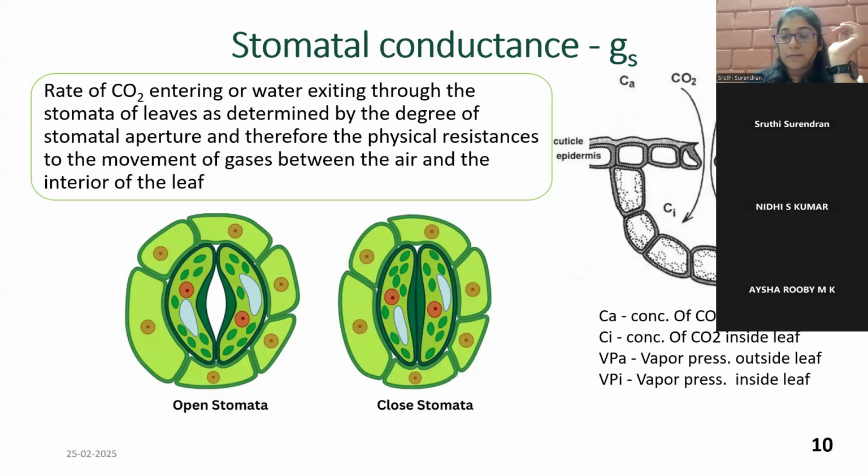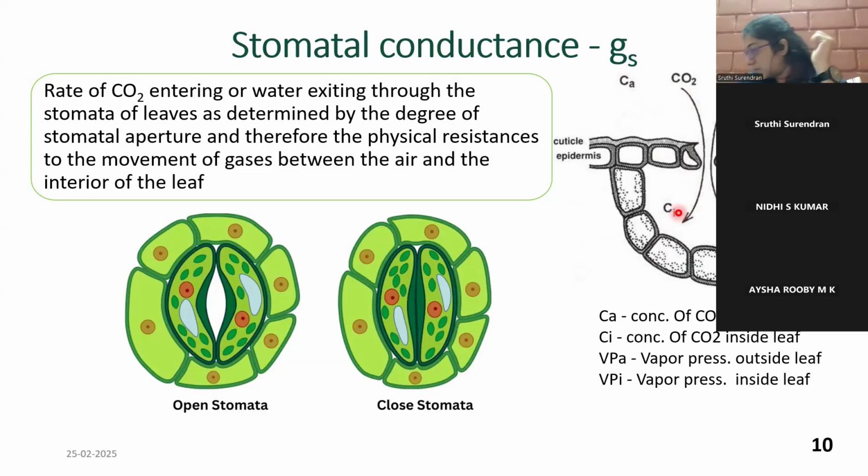So, vapor pressure deficit is nothing but the difference between these two vapor pressures. And carbon dioxide concentration gradient is another factor that determines the entry of carbon dioxide into the leaves, and that gradient is given by the difference of the carbon dioxide concentration here and the carbon dioxide concentration inside the leaf.